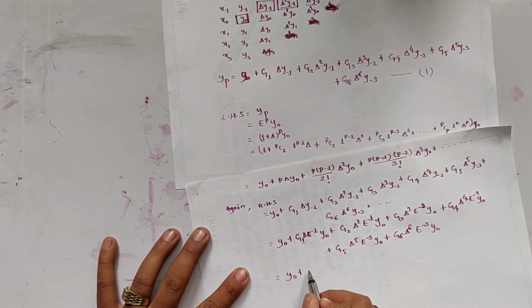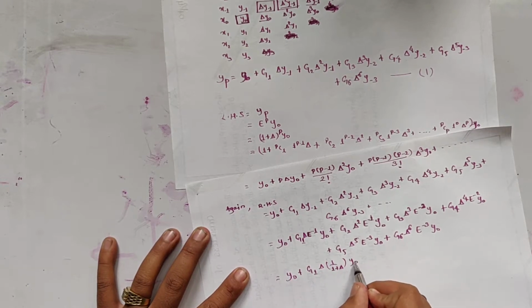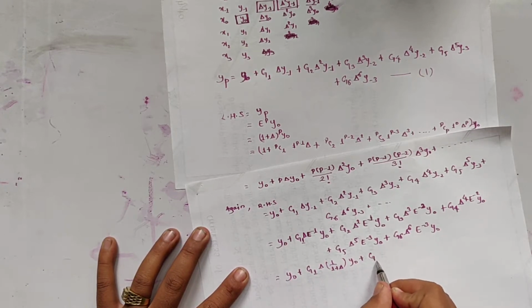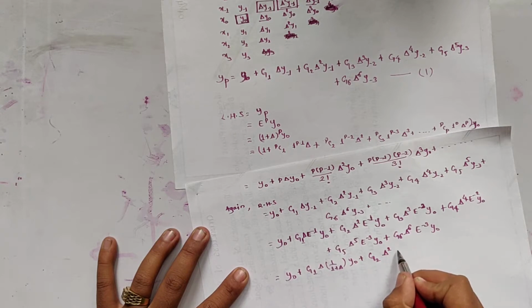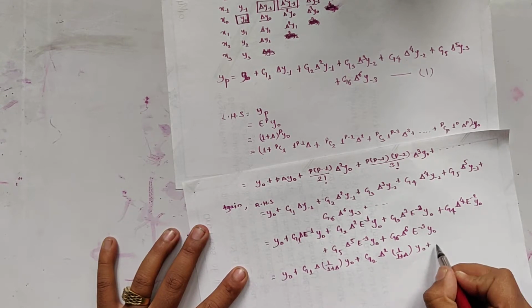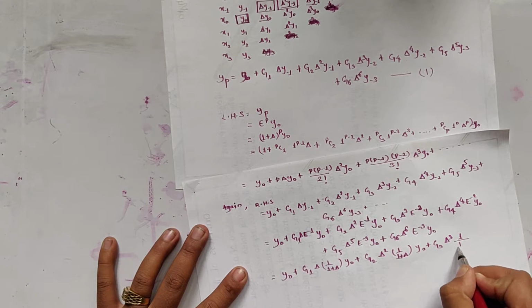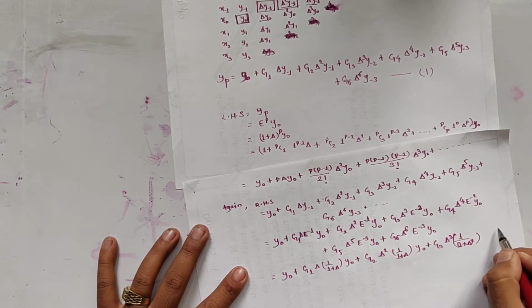Y naught plus g1 delta, which is 1 by 1 plus delta, so y naught plus g2 del square is 1 by 1 plus delta, and y naught plus g3 del cube 1 by 1 plus delta square, whole square it is.